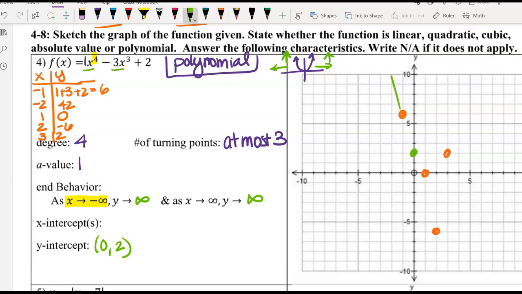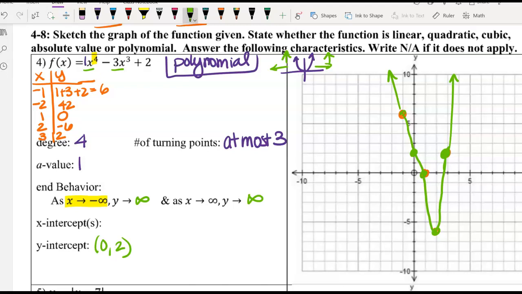We talked about the end behavior going upward on those. And so now we just want to connect the rest of these points just like that. Okay, so it's not a parabola, but all even power functions are going to behave just like that.